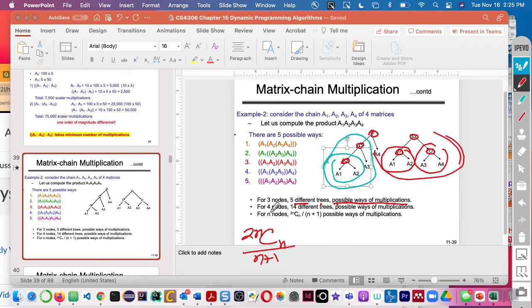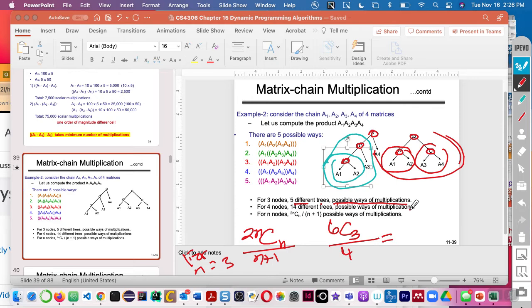So for n equal to 3, 2n equals 6, 6C3 divided by n plus 1, which is 4, right?